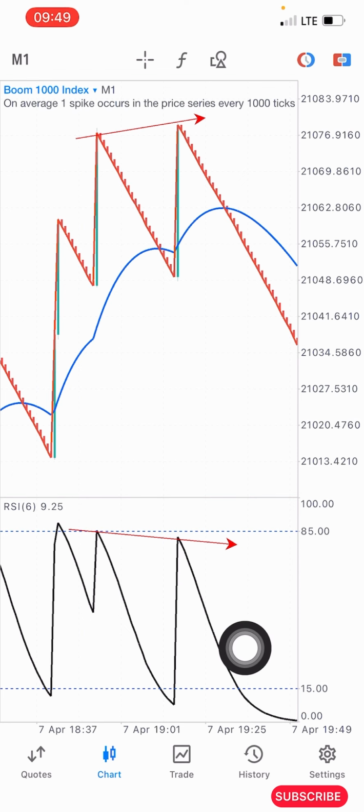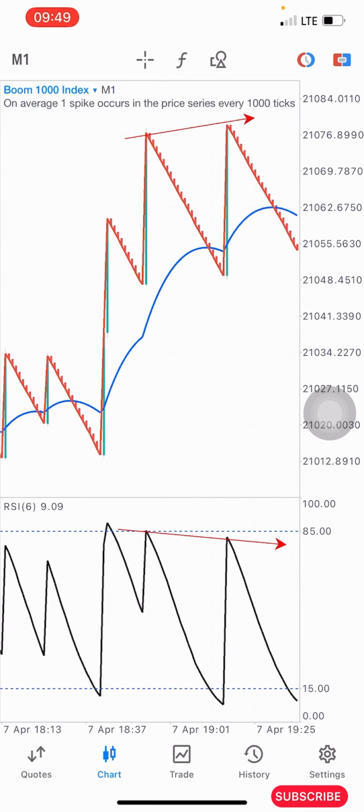All right, so whenever you want to apply this divergence method with this strategy, you make sure that whenever there's a spike and this black line here is at the 90 level, you are going to be watching out for the next spike that will come. Right, if it's spike and this black line is not up to the 85 level, then that is a divergence being formed.